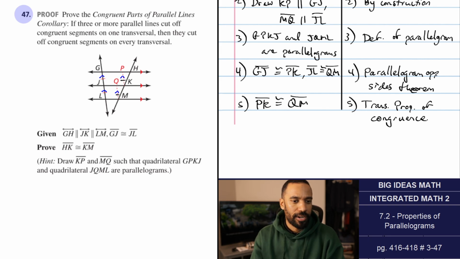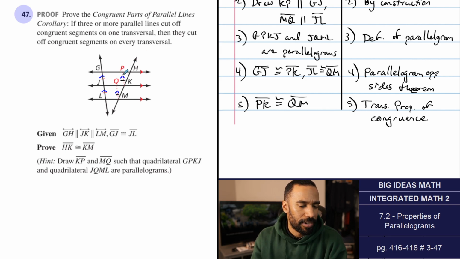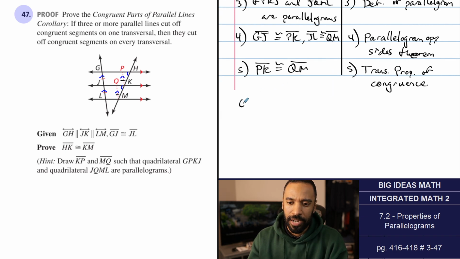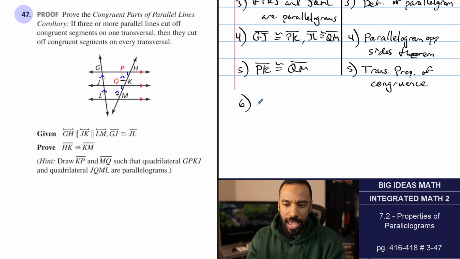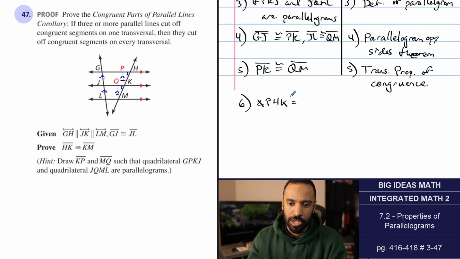We're going to get corresponding angles, which we could have done off the bat right here. I'm going to go ahead and state that one now that we're associating those triangles. Angle PHK is congruent to angle QKM, the ones I just labeled.